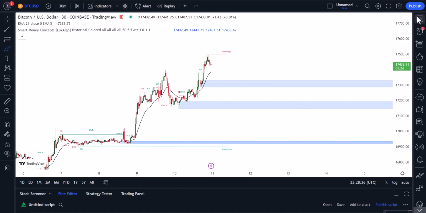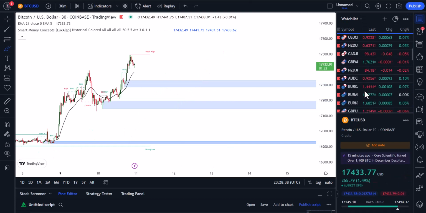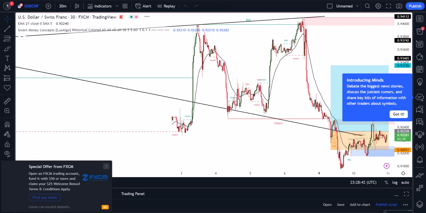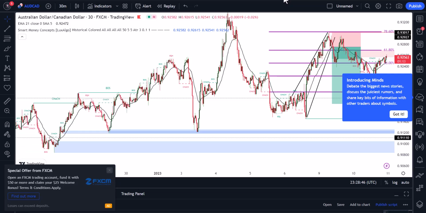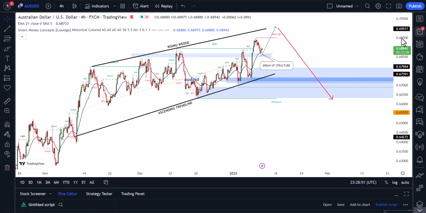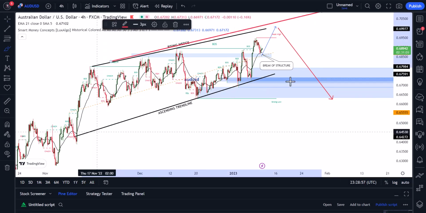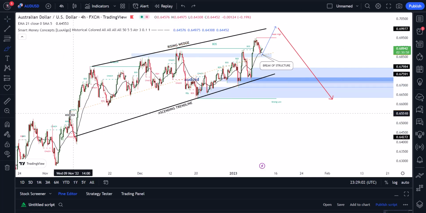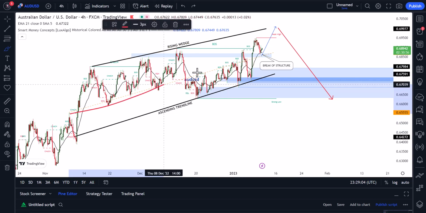After that, let's discuss AUD/USD. We have a rising wedge here, and as you can see here, this trend line can be put between them.